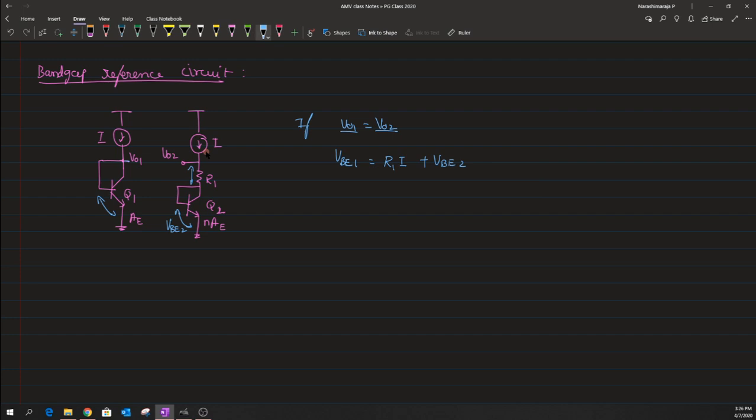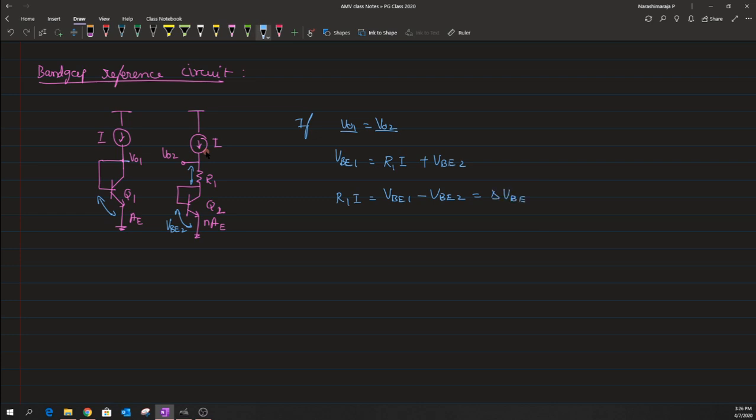From here one could bring this R1 times I towards the left side and pull out this term, so that what we have is VB1 minus VB2, and this is nothing but the potential difference between the base emitter voltages, or in short it is equal to delta VB.